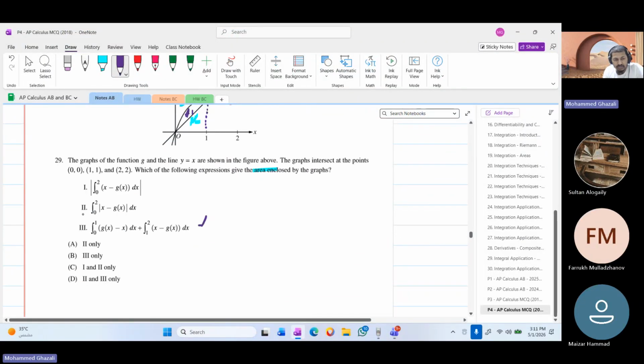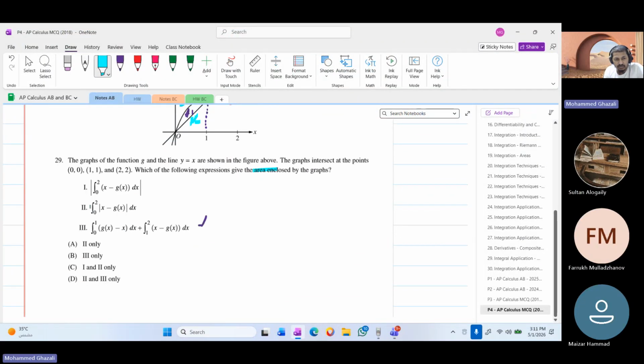So what about option number 2? I just talked about distance. So 0 to 2, absolute value of x minus g of x. That's also another way to represent this, so that will also work. Absolute value of x minus g is the same thing as absolute value of g of x minus x.